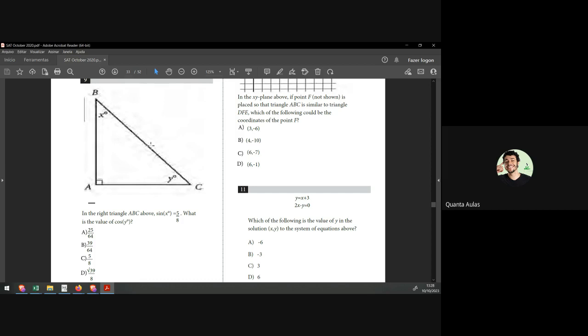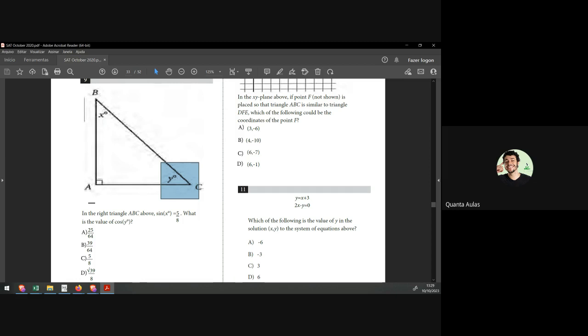Because in a right triangle, the sine of an angle is the same as the cosine of the other angle, okay? Sine of x is equal to the cosine of y, okay? Only in a right triangle.